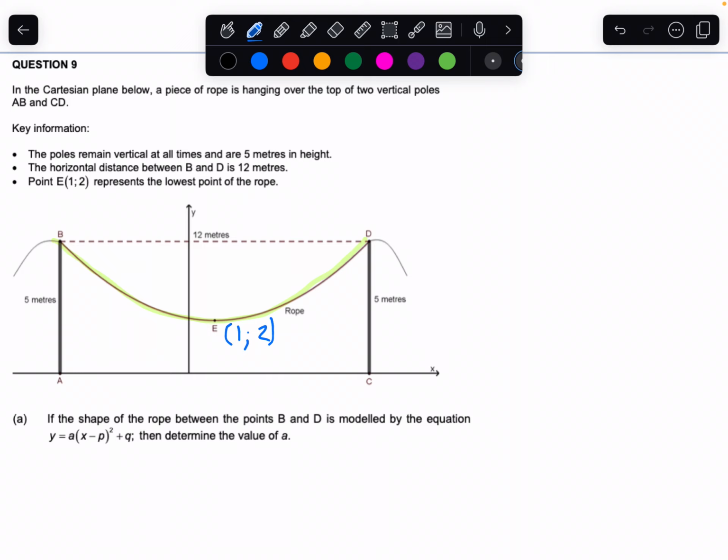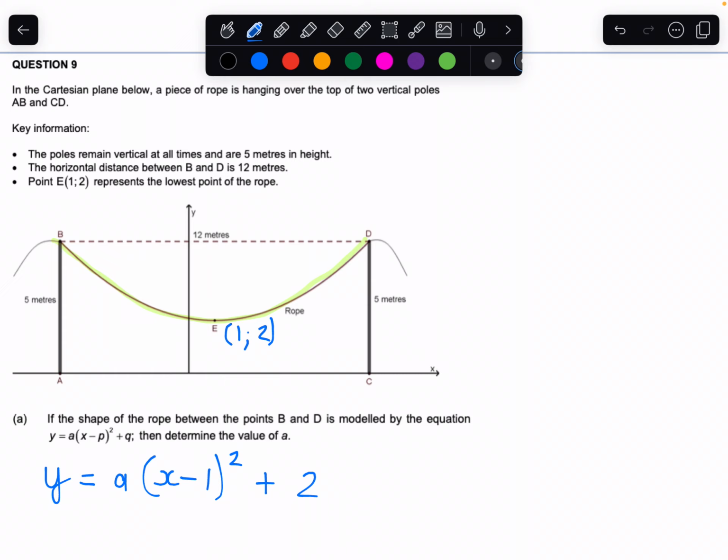This is how the turning point is encoded in the equation of a parabola. So that's the first part of it.